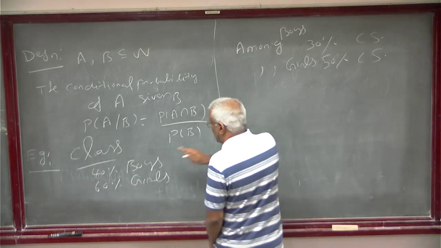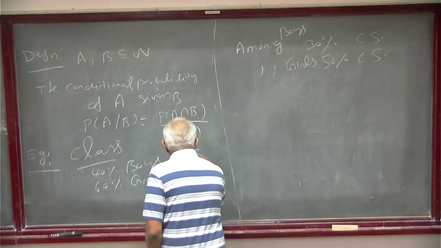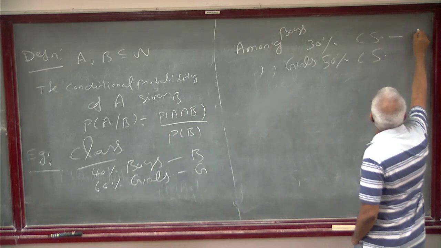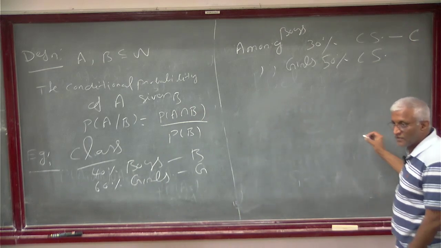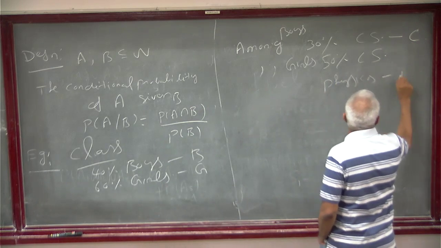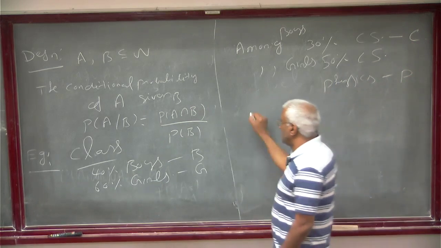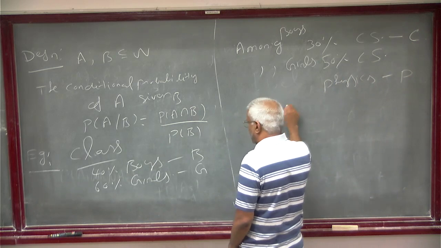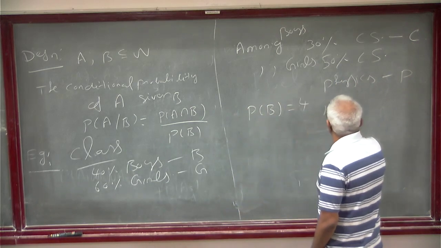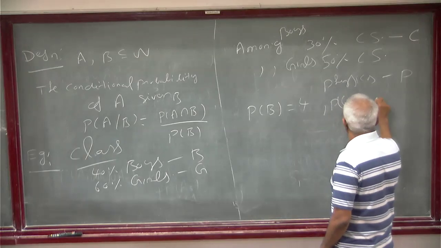So let's call this B, this C, and for G, call this C, and the physics one is P. Now the probability of B is directly given, which is equal to 4 by 10, which is 0.4. And the probability of G is 0.6.